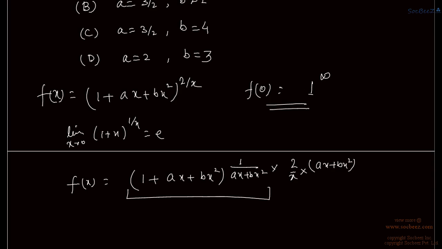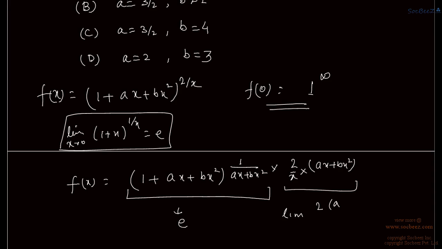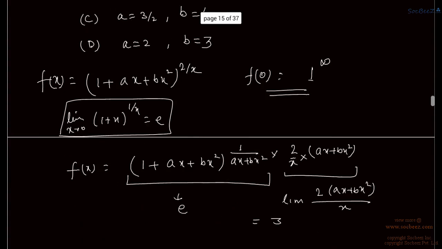So this will be equal to e as x tends to 0, because this is totally based on this formula, right? And in the question it is given that this limit is equal to e cube.